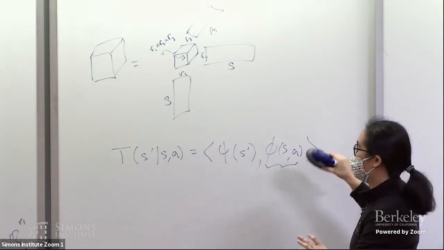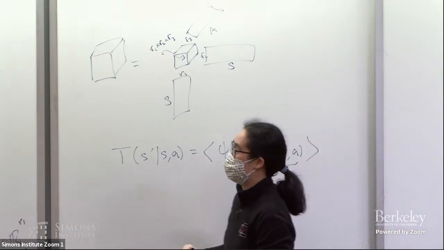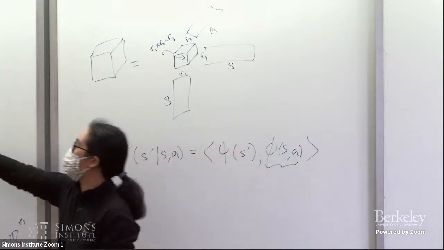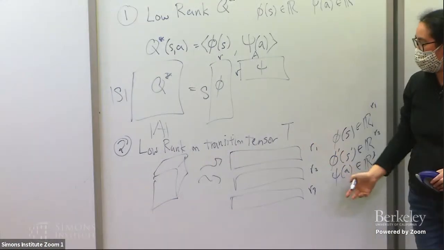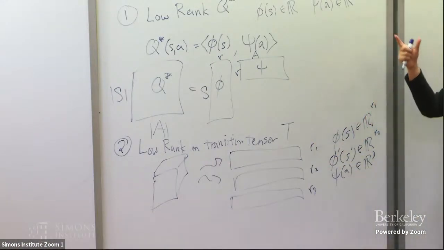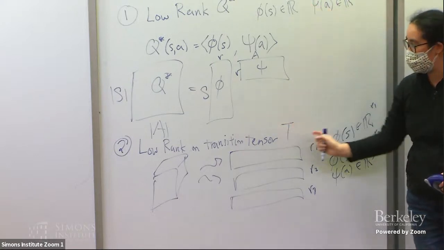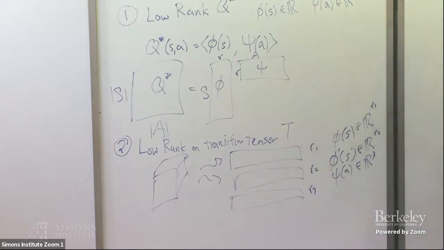So I've been thinking about this type of structure where phi and psi are all unknown, but you have a guarantee that this rank does not grow with the state space. And so if we take, for example, a tabular MDP case, then maybe you have a generative model, start with something really simple.